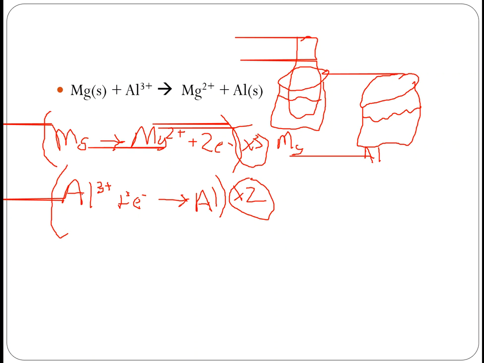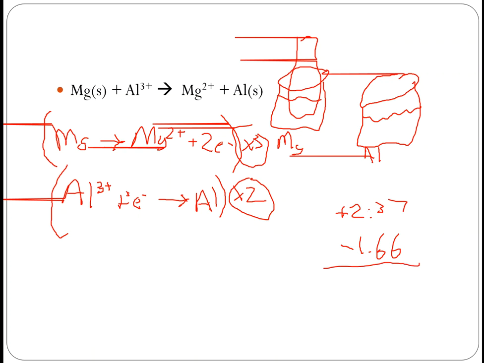What I will do, though, is I'll do this one first. This is a reduction. You should see this exact reaction on your table of reduction potentials. The potential there for the bottom one is negative 1.66. And this is the one we already looked at. Again, you will not see this oxidation, but you will see the exact opposite. You'll see the reduction. It's positive 2.37.